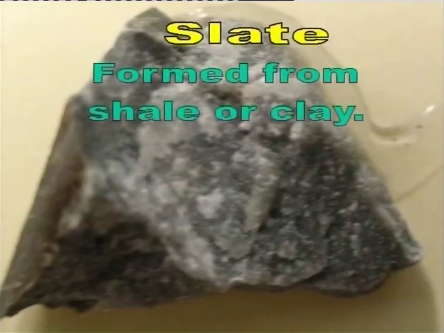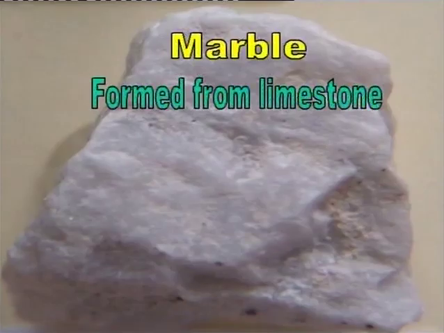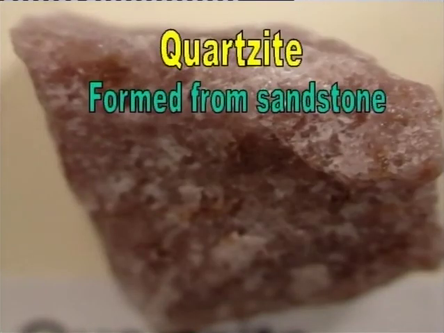Now, slate is formed from shale or clay. You have seen that earlier in the diagram. Marble is formed from limestone. Quartzite is formed from sandstone.